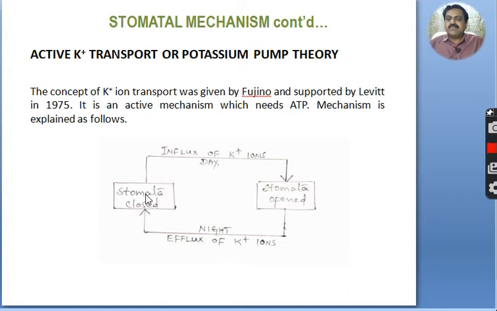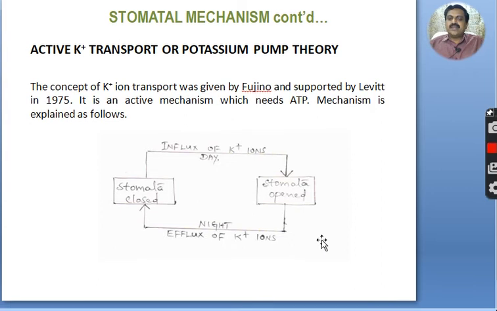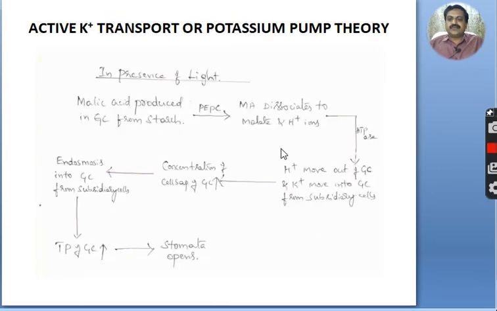This is a simple way of representing the active potassium ion transport theory according to Levitt and Zelitch. So during daytime, due to the inflow of potassium ions into the guard cells, the stomatal pore opens, whereas during night time, due to the exit of potassium ions from the guard cells into the surrounding subsidiary cells, stomata closed. The same thing is explained in detail here.